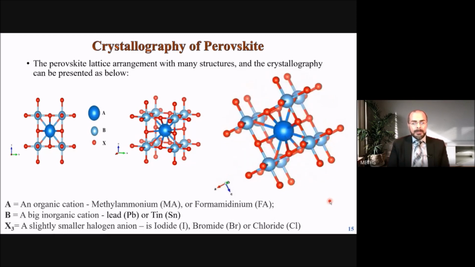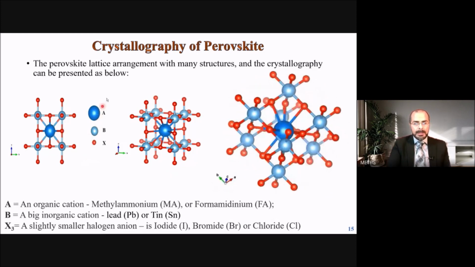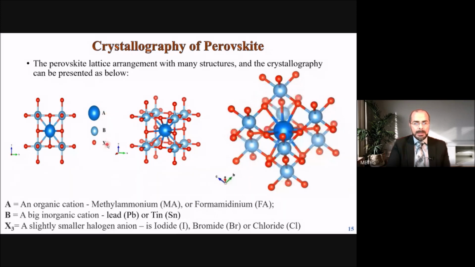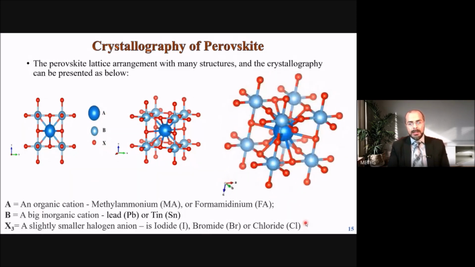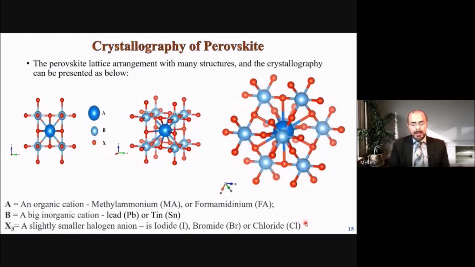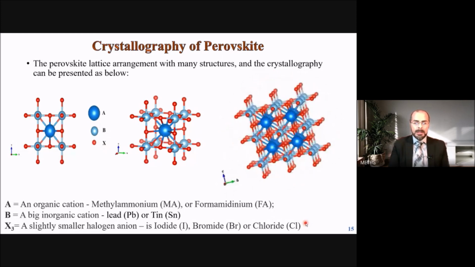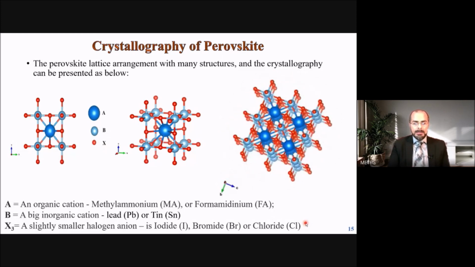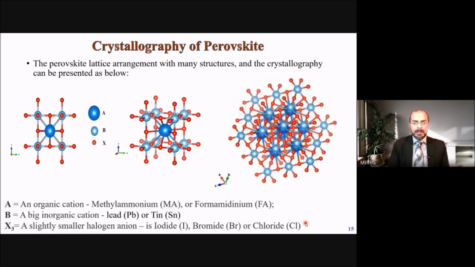As you can see on this diagram on the left side, we have three components, A, B, X, where A is an organic cation. Usually we use methylammonium, we call it MA, or formamidinium, FA. The next material is B, a big inorganic cation.